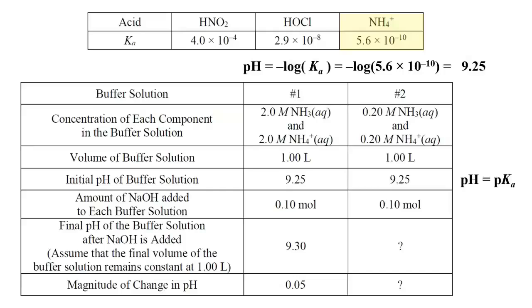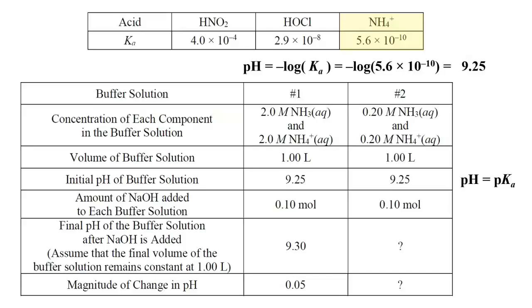Again, we have a difference in buffer capacity, which we will see coming up. That's going to be part of the question we have to answer. The amount of sodium hydroxide added to each buffer solution is 0.10 mole, and the final pH of the buffer solution after sodium hydroxide is added, we are told for buffer solution number 1, it was 9.25 before the sodium hydroxide was added, and it increased to a value of 9.30.